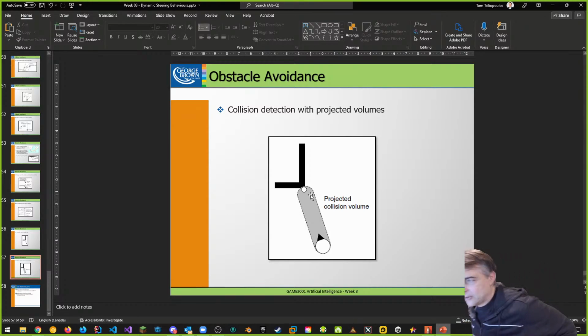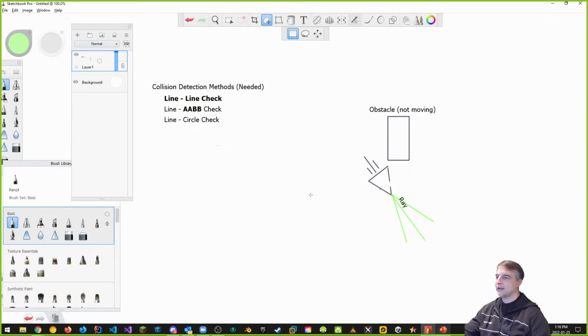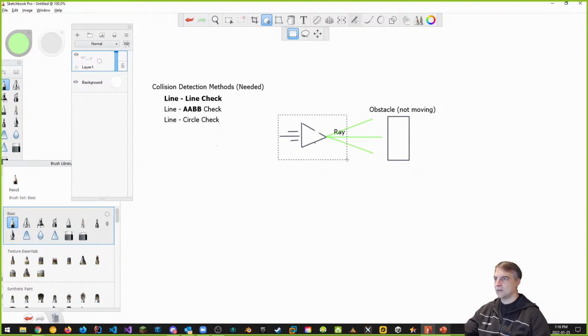So instead of using a ray by myself, and some students have done this in the past as well, not just putting rays, which is more complex with a few more calculations, what you could do instead is use circles at the edges of the rays, the whiskers.